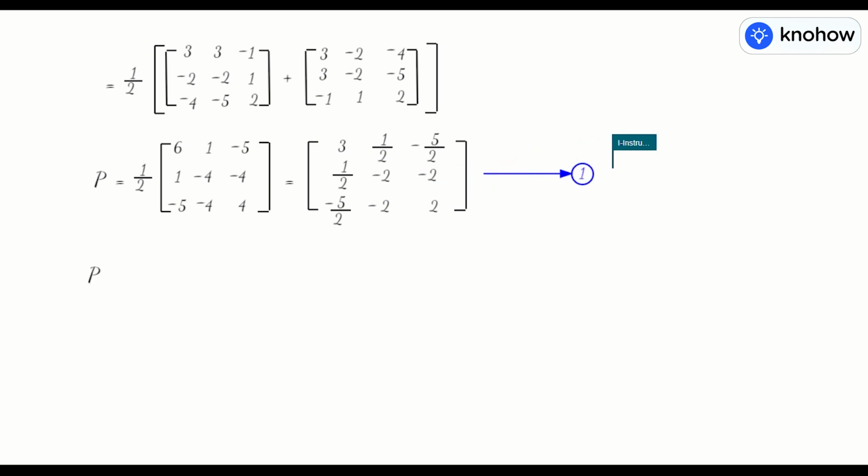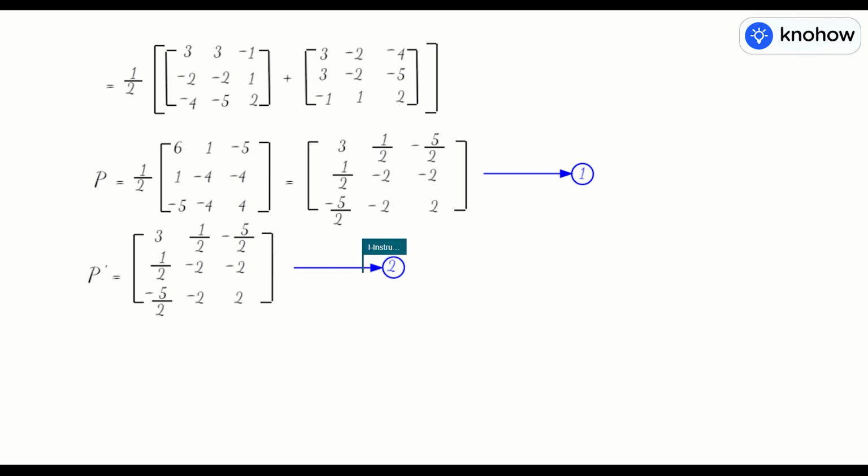So we get the value of P. Work out the value of P dash. That is, write the elements of first row in first column and so on. So writing the elements of first row in first column, we get 3, half, minus 5 by 2, and the elements of second row, half, minus 2, in the second column, and that of the third row, minus 5 by 2, minus 2, 2 in the third column. What do you find from 1 and 2?